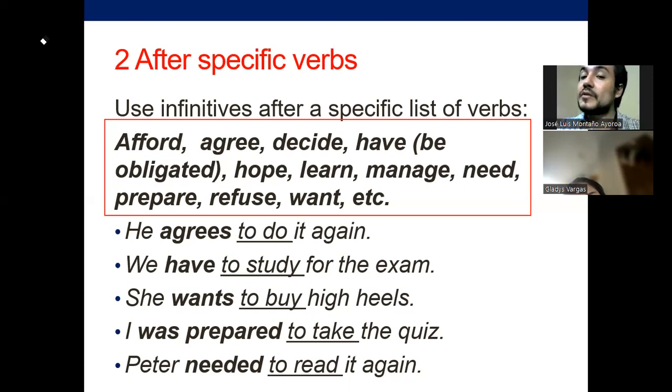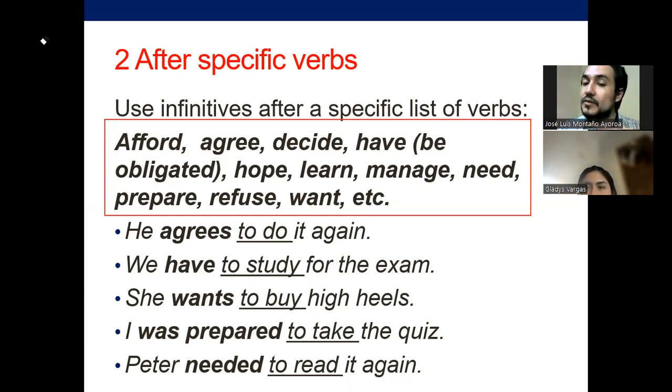It means that you looked for alternatives, you looked for possibilities to get what you wanted. One example also can be, hey, I don't know how, but I managed to get home. It means I don't know what I did, but I was able to get home.